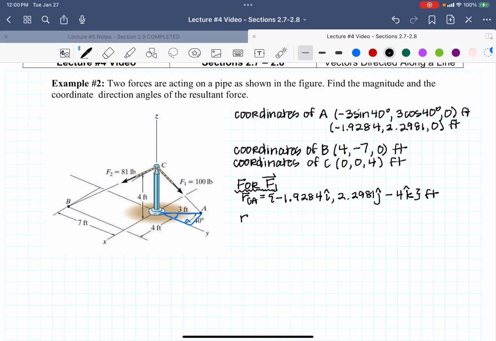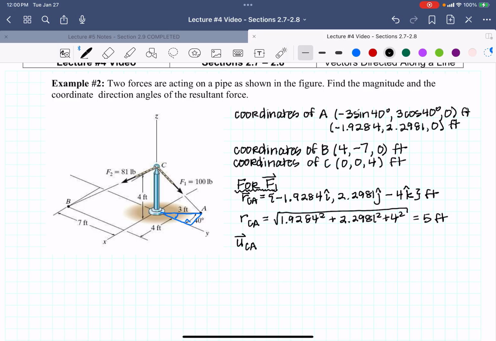I also need the magnitude of the position vector in order to find the unit vector. So the magnitude is going to be the square root of all of those things squared. If I take the square root of that, that actually gives me 5 feet. So now I can find my unit vector from C to A, because that's what I'm trying to get to, so that I can find the force vector by multiplying by the magnitude of the force.